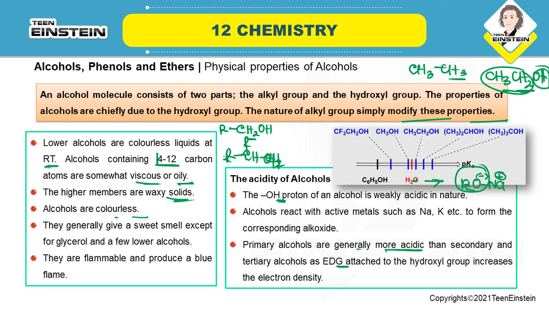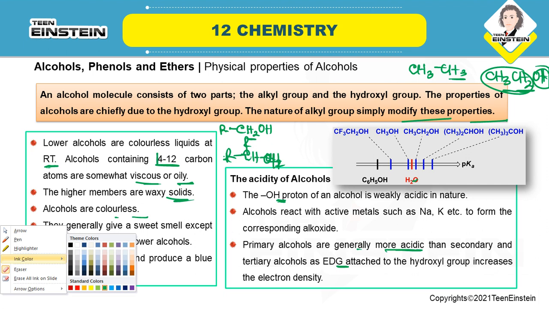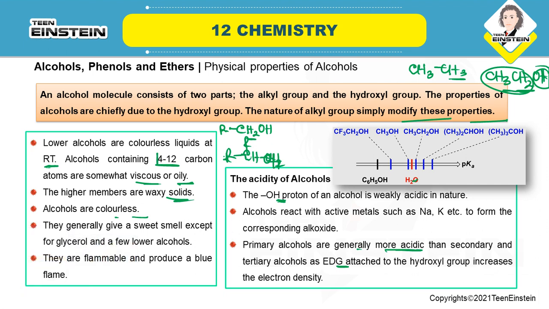Now here we have a picture. In this picture you have different types of alcohol. See, CF3CH2OH, then methanol, ethanol, Me2CHOH, isopropanol, Me3COH, tertiary butanol.